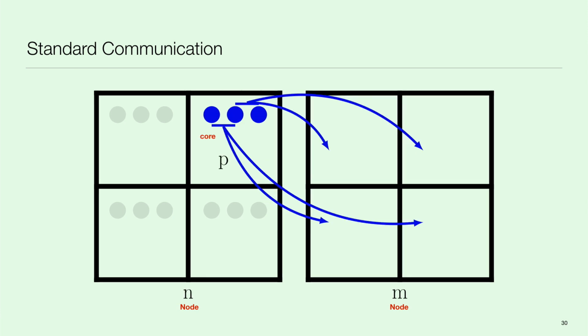We also notice what happens in particular to process P trying to send to node M is that it can send duplicated messages if it's sending to process Q, process S, process T, etc. So there's an opportunity that if there's a single message that needs to be sent to node M, just do it once instead of duplicating that data.